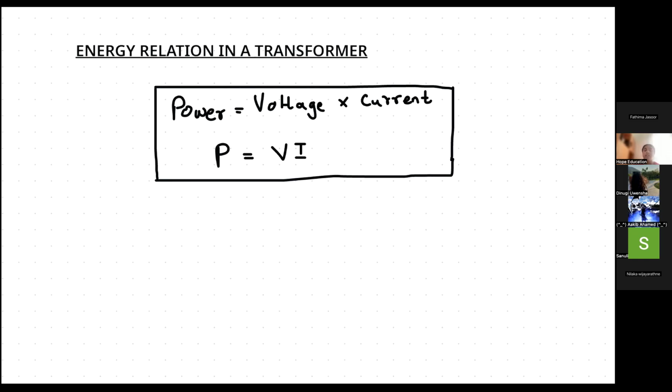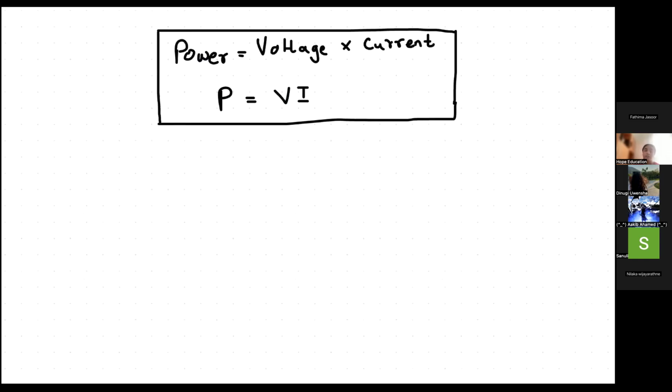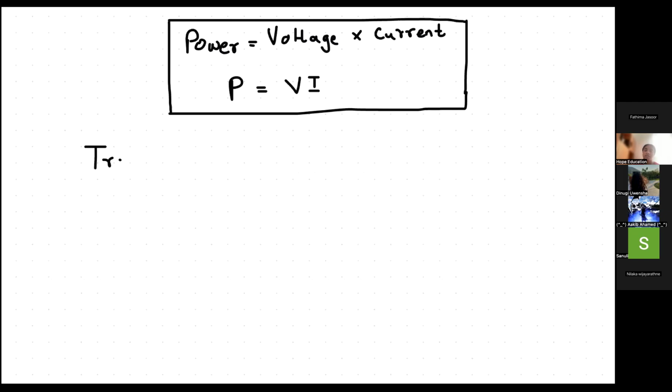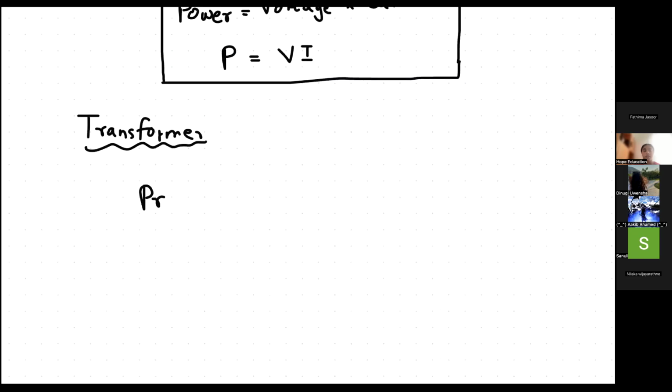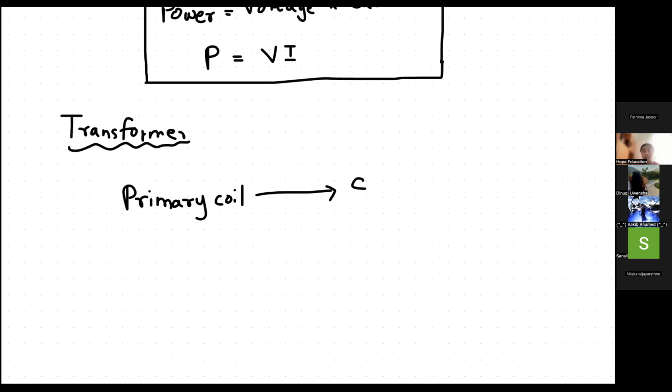Okay. Now if we take a transformer, there is a primary coil. The magnetic field goes from the primary coil to the secondary coil, if you remember.